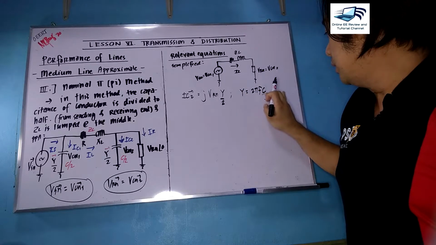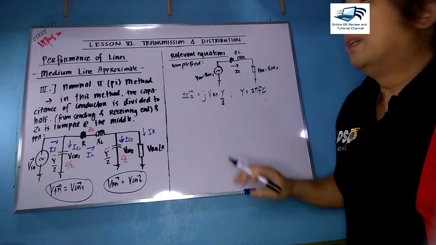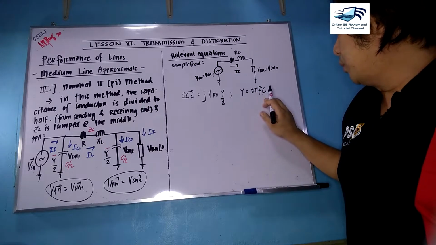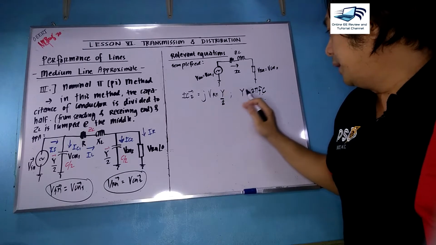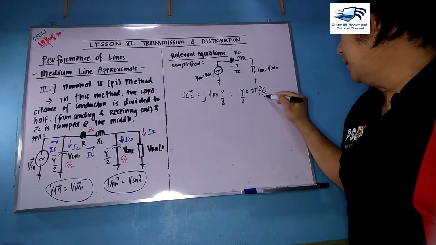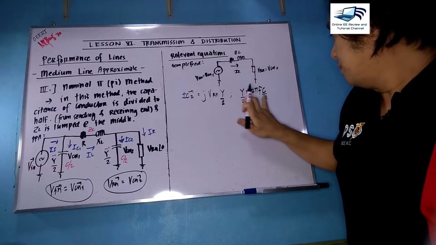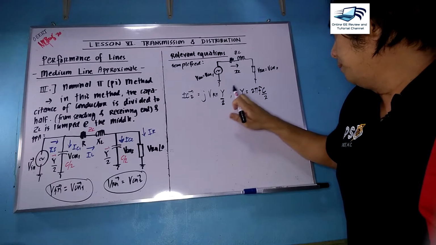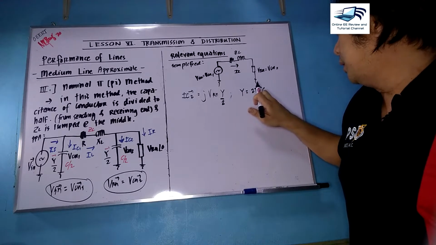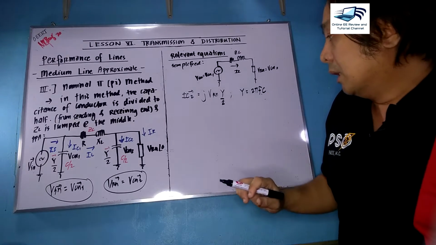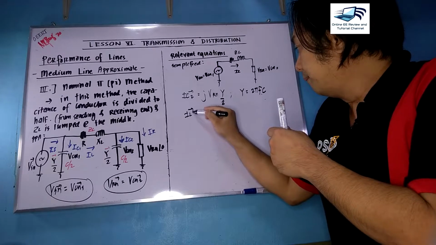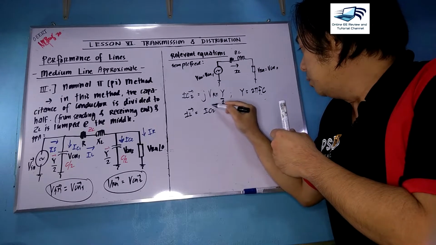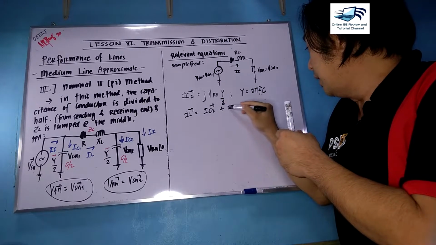Consider this one as 2 pi FC. Since Y is proportional to C, if you divide the C by 2, the Y must be divided by 2, like this. To avoid confusion, I erase the 2 here, and divide by 2. Now, if you already have your IC2, we can now get your IL by having IC2 plus your IR.